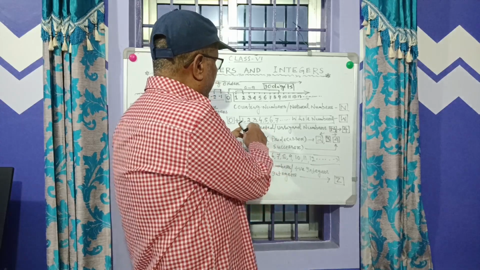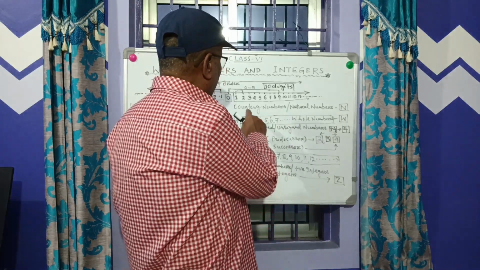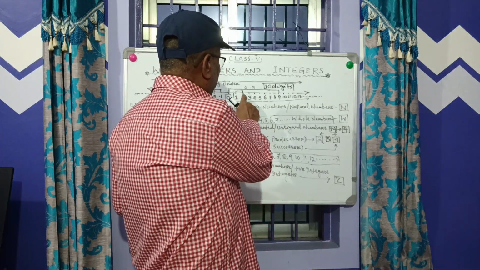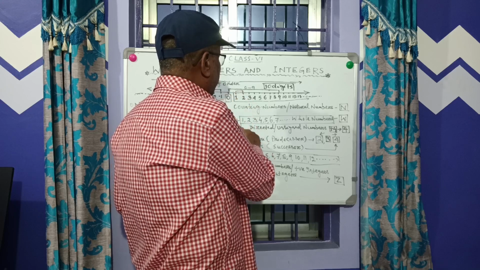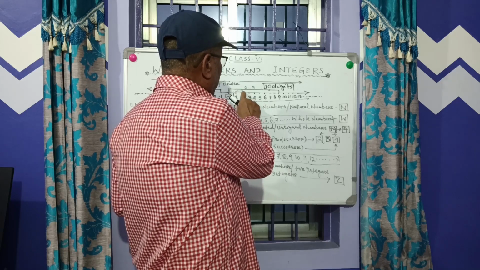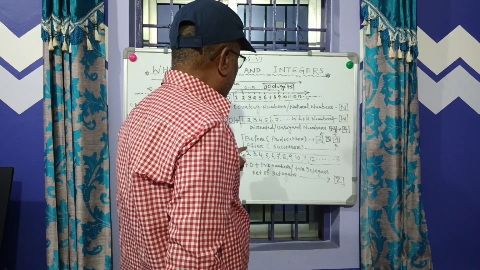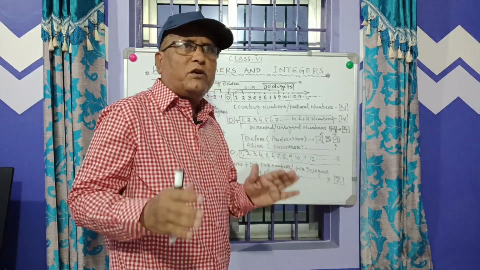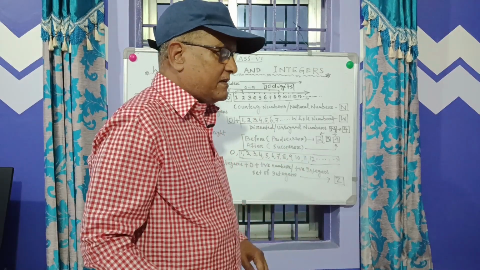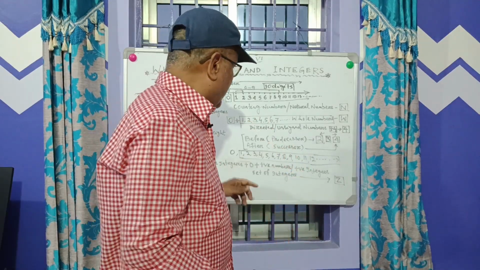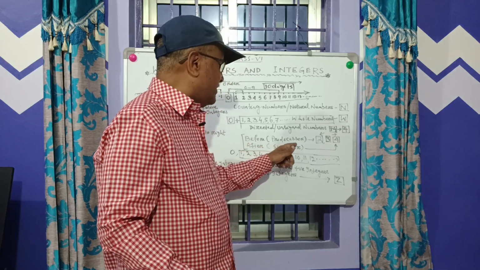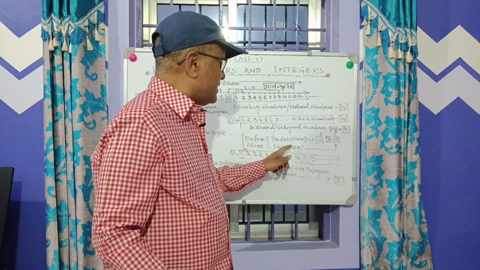Now you see, in counting numbers, we find 1, 2, so the difference is 1 unit. So 2, 3, the difference is 1 unit. We have already studied in our previous classes, before and after. So before is called predecessor and after is called successor.